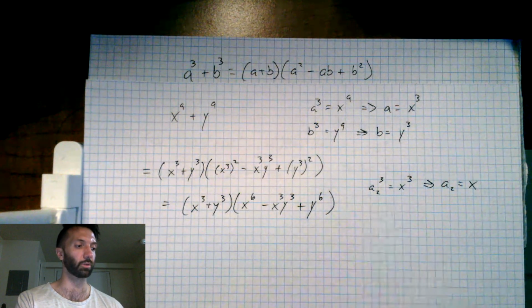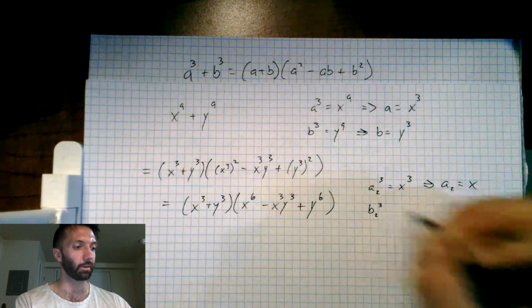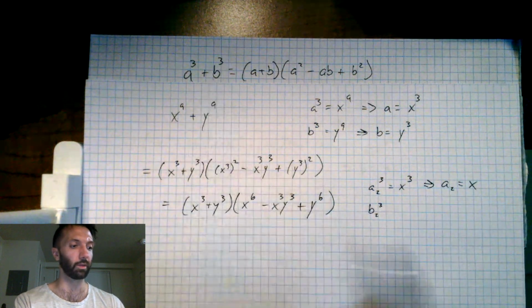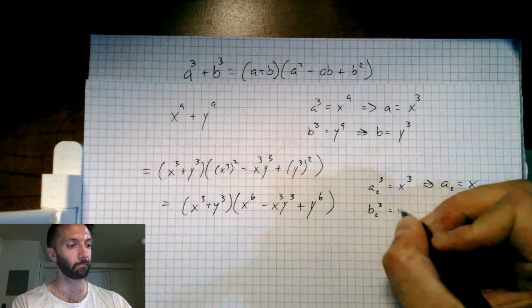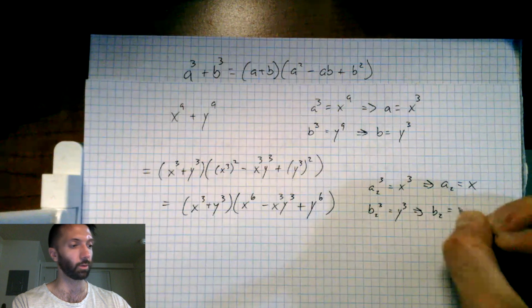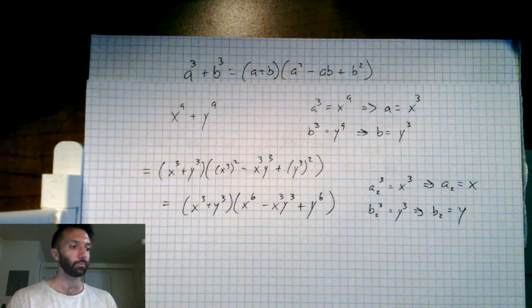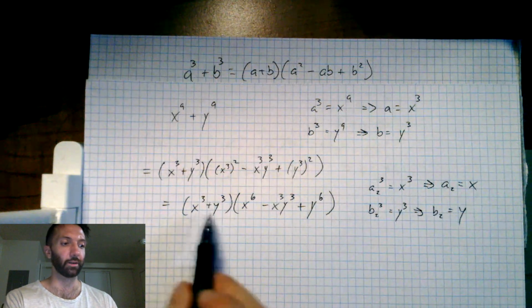Taking the cube root of both sides. And then b sub 2 to the 3rd is going to be y to the 3rd, which would make b sub 2 equal to y. Okay, that's simple enough. And now we can factor this here.